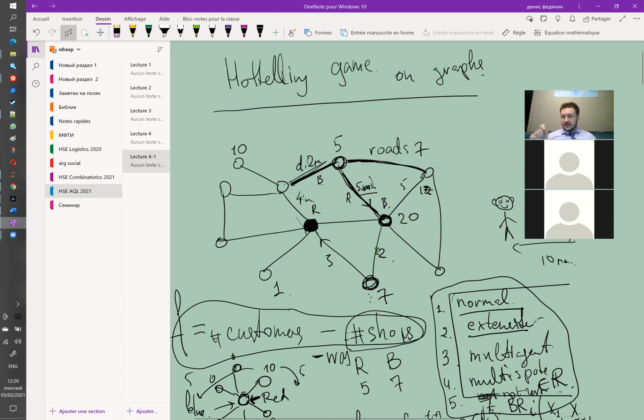We just have to find a way to compute the number of customers. We can define this like arrows. So if a shop is here, then where should this customer go? Here, or maybe to another one?